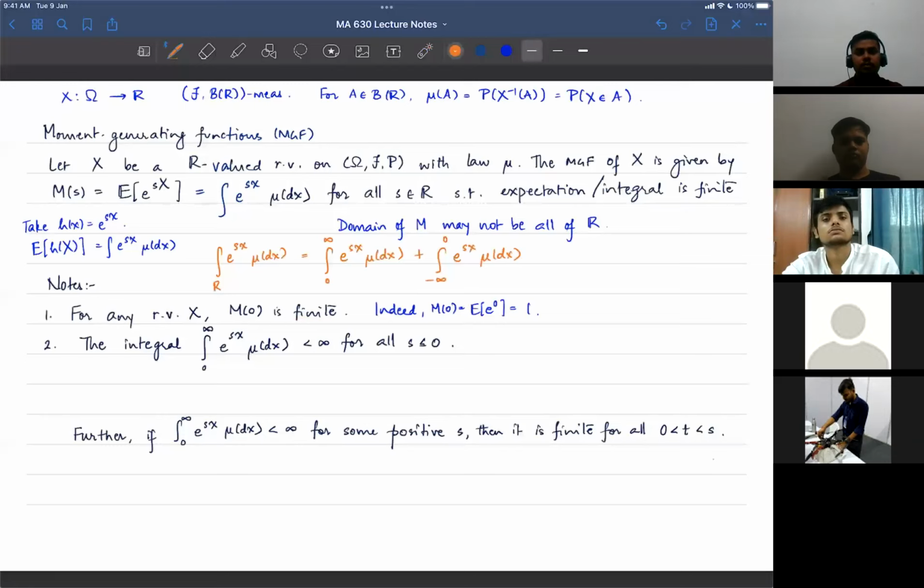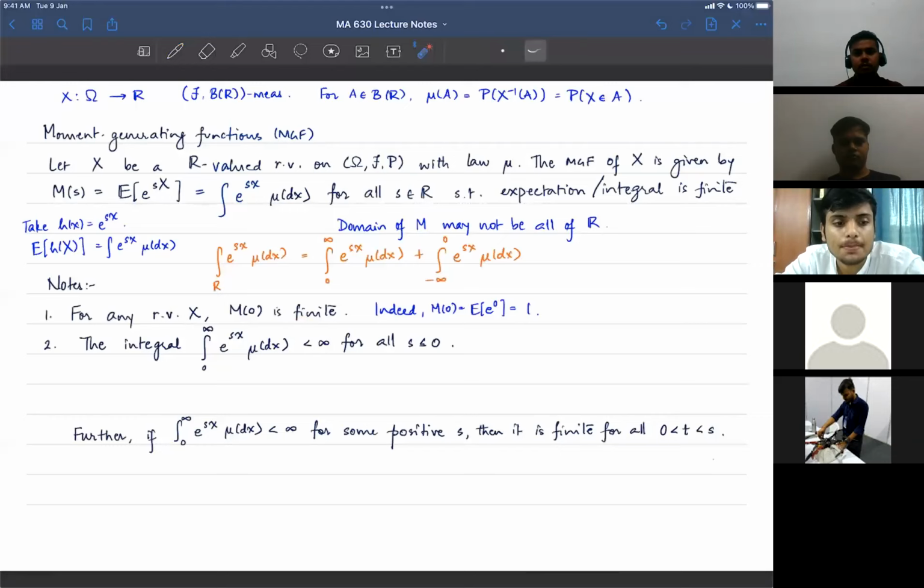By the way, can somebody tell me what are some properties of this function e to the sx? There are many properties, but can you tell me some properties? S is fixed. What are some properties of the function e to the sx?